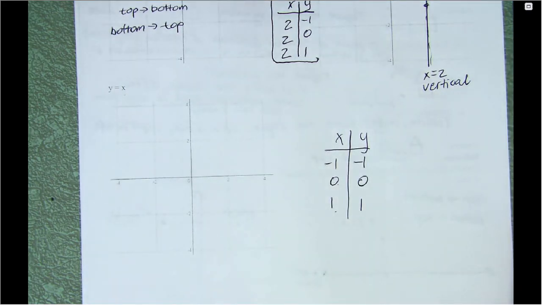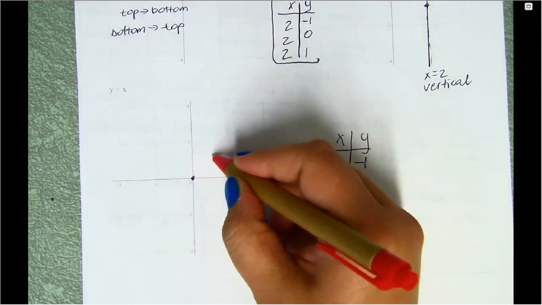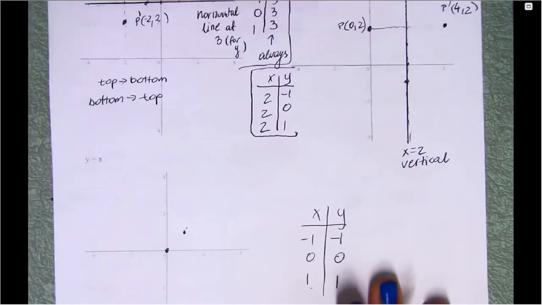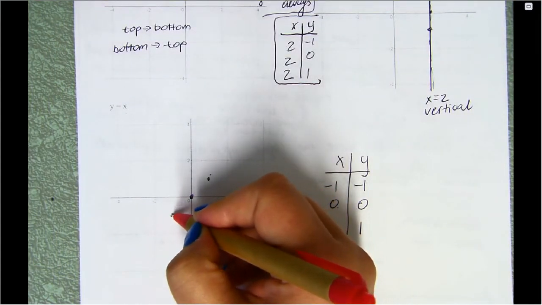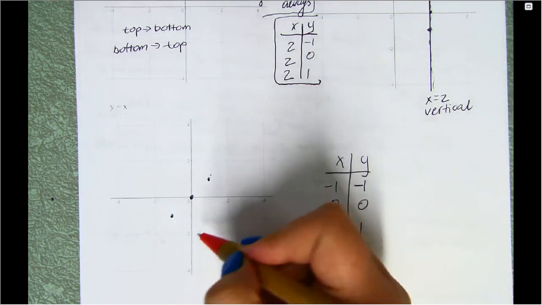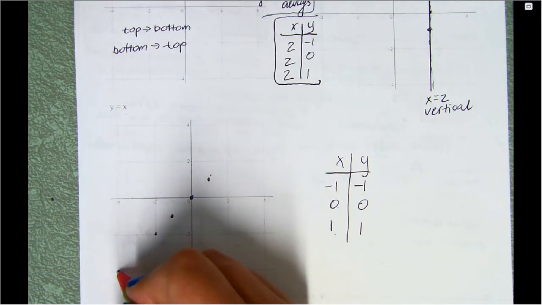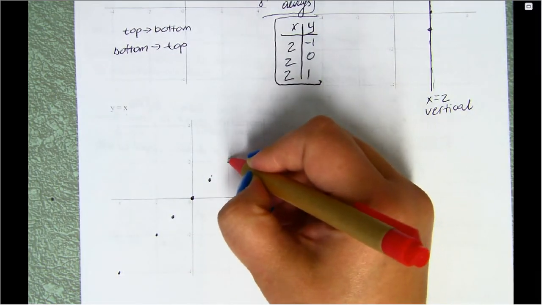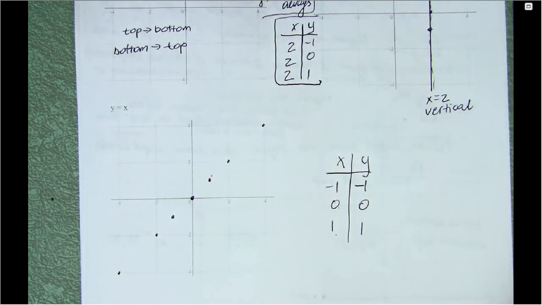Okay, so I'm going to plot those points. 0, 0, right? 1, 1. Sorry, I don't want to mess this up because then it's going to make it a little bit difficult. Sorry, 1, 1, and then -1, -1. Okay, so if you look at this, your points should exactly go through each of those intersections.